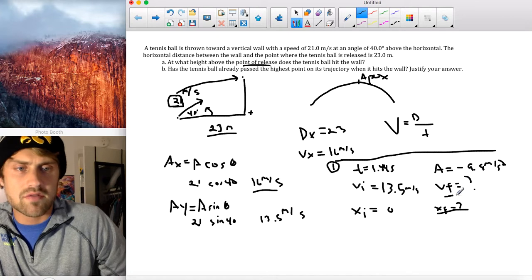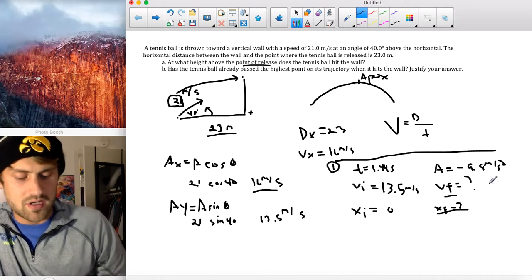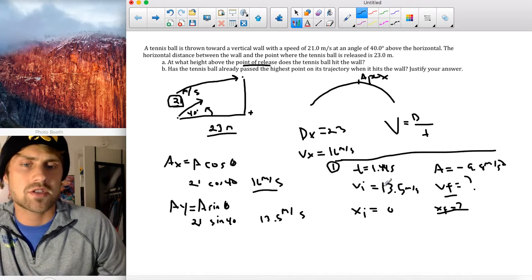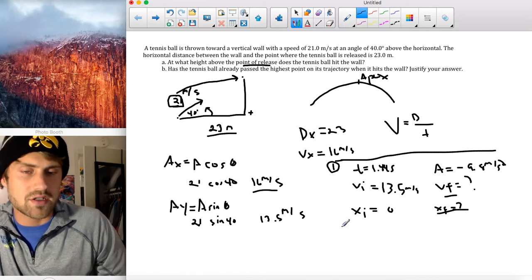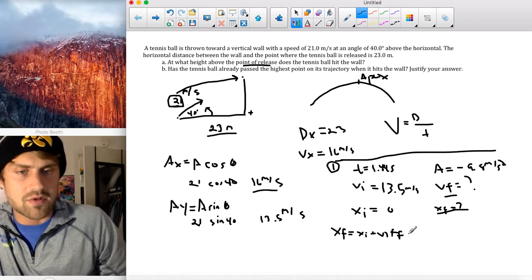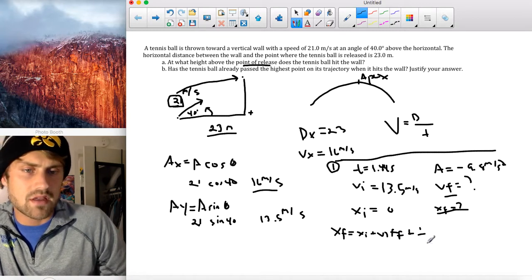I don't really need to find velocity final at this point, but if you look at your equation sheet, you'll realize that we need to use our equation that goes x_f is equal to x_i plus v_i t_f plus 1/2 a t_f squared.